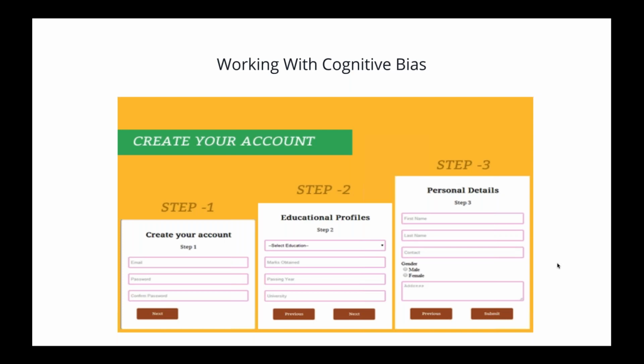There are different ways and situations where a user or a visitor on your website experiences cognitive bias. One situation is when there is too much information on your website for them to take an action. This usually happens in the case of mega menus.